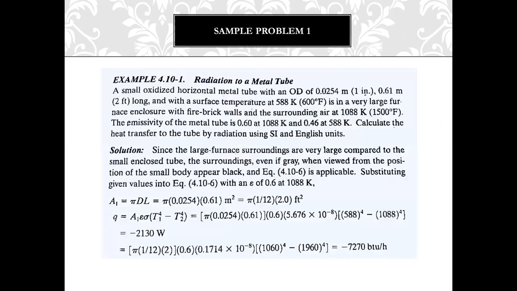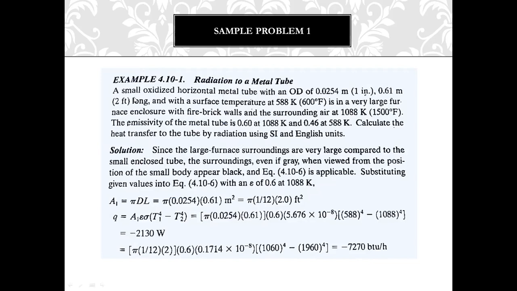Now, problems concerning the application of the basic formula given to us by Stefan-Boltzmann are very straightforward. As long as we know what each parameter in the formula represents, all the rest is just substitution to the given formula.